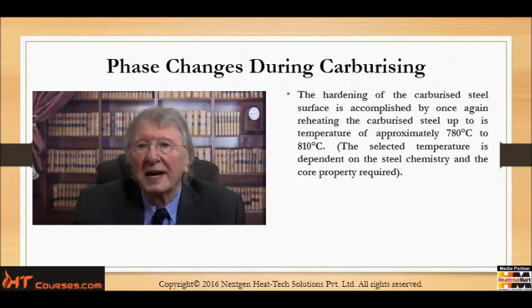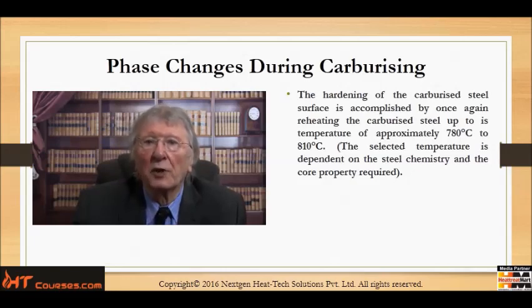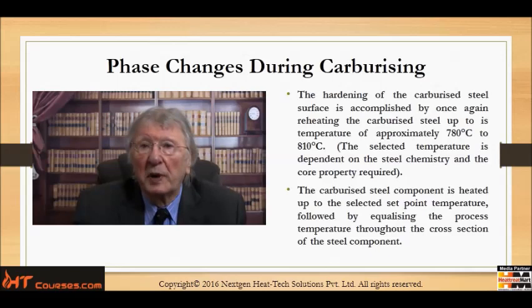The selected temperature is dependent on the steel chemistry and the core property required. The carburized steel component is heated up to the selected set point temperature, followed by equalizing the process temperature throughout the cross-section of the steel component.